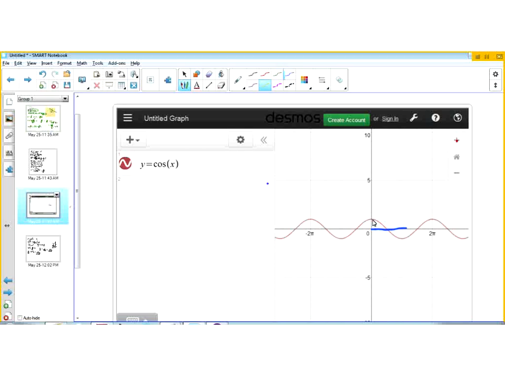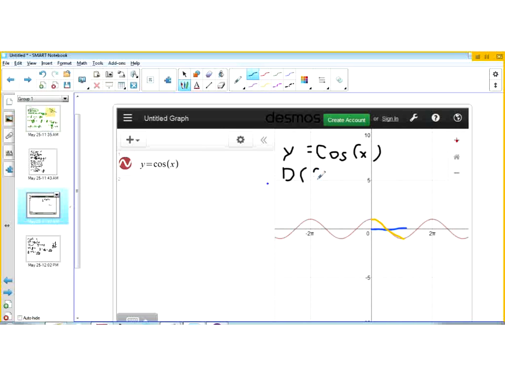So if we start at 0, the yellow curve defines our principal cosine function. Let's parameterize principal cosine. If we let y equal principal cosine x, as shown in yellow, what is the domain?